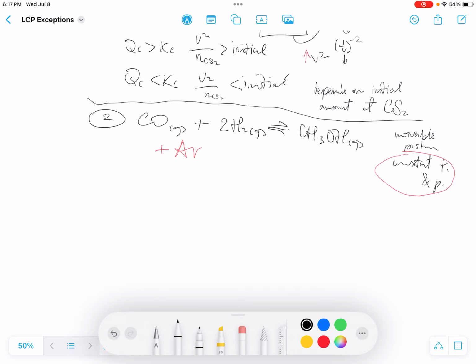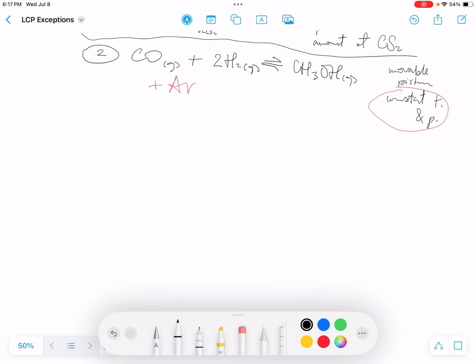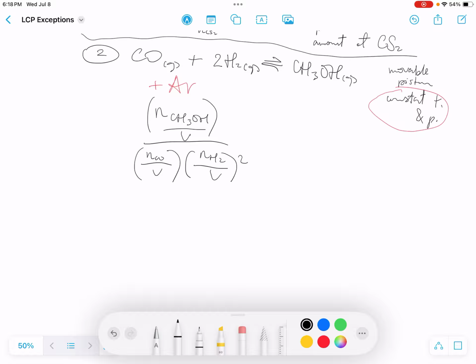So if we look at the same kind of setup here, if we do the same as above, we end up getting this many moles of methanol over the volume, divided by the moles of carbon monoxide divided by the volume times moles of hydrogen gas over the volume squared.